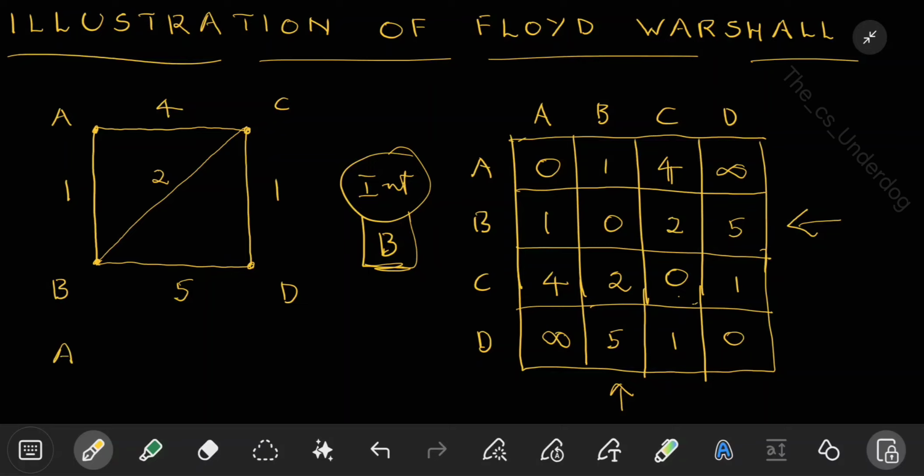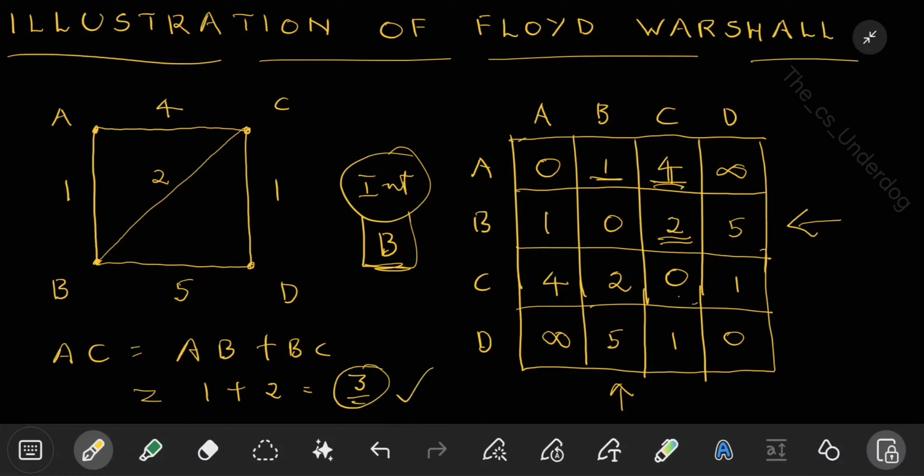Considering B as intermediate, it will be AB plus BC. AB is 1, plus BC is 2, which means the total is 3. My present value of AC is 4, and 3 is a better value than 4.